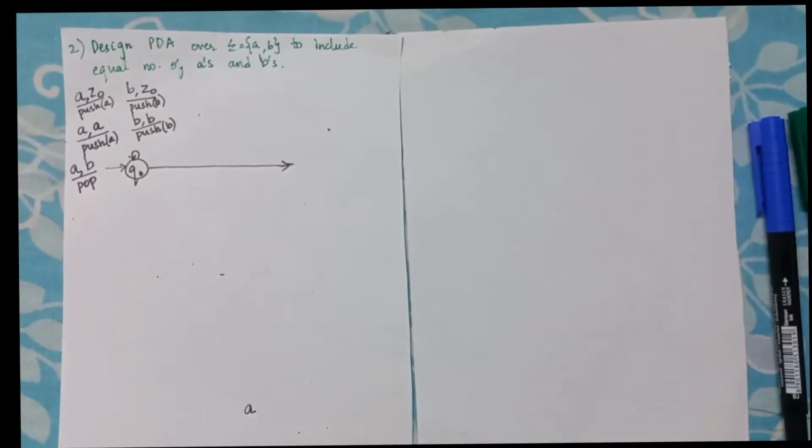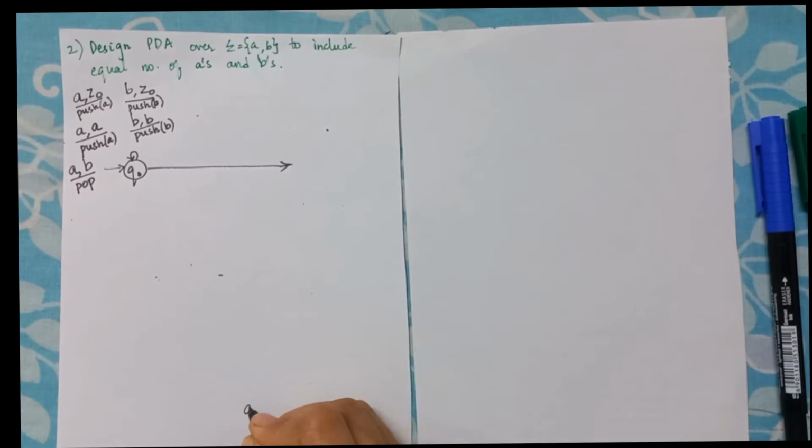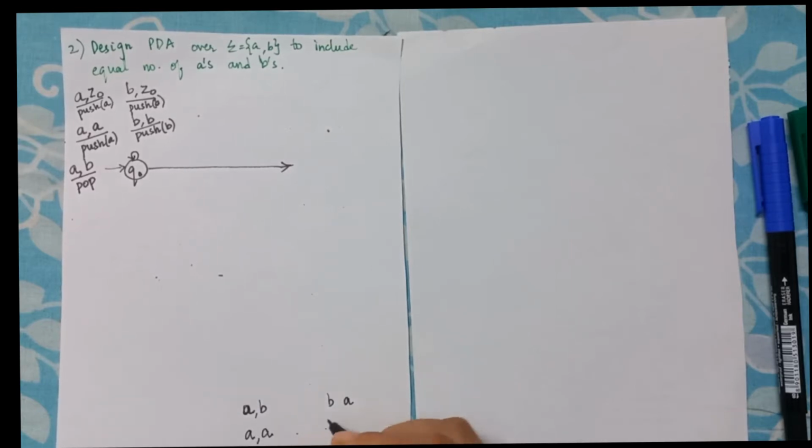For this particular example, there are various possibilities. I might have an A as the stack top and then get B as the input symbol, or I might have B as the stack top and then an A as the input symbol.